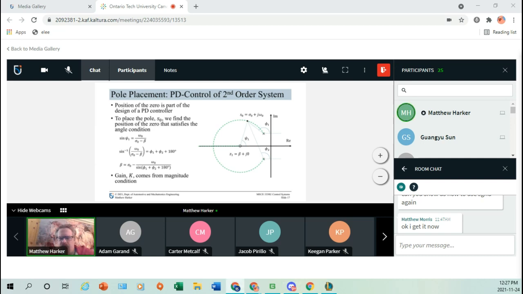Right, so maybe then the last thing we'll look at today is how we would go about placing that pole. So as we saw with our PD control, so this is revisiting this example we've just looked at, we can move around the zero, right?